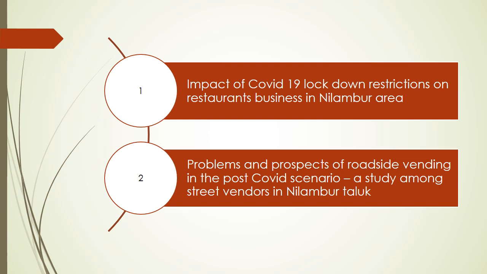Instead of serving at their restaurant, now they are selling parcels. So there is good scope to make a detailed study into the transformation of the restaurants' business models and whether it has increased or decreased their revenue, and if decreased, how much, and what are the major problems faced by these restaurants during these lockdown restrictions.